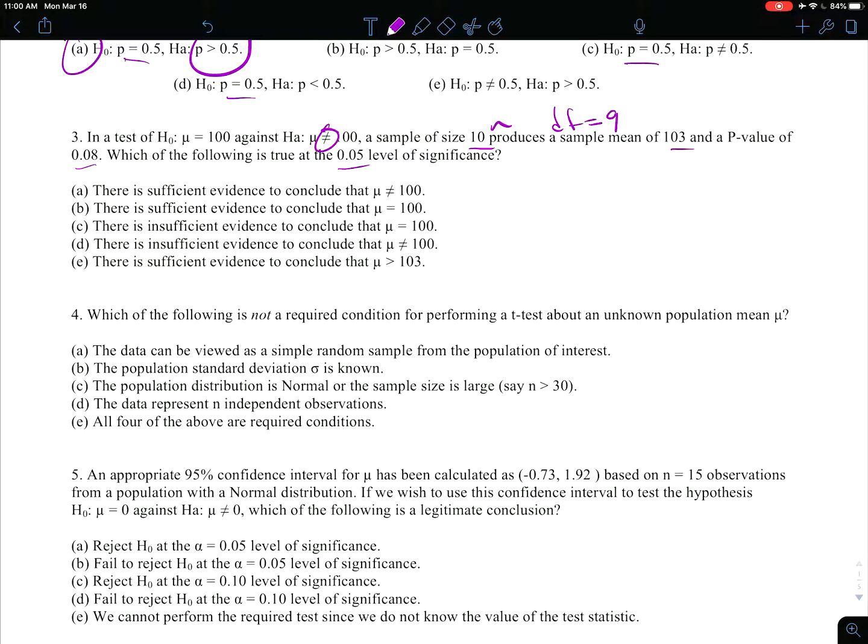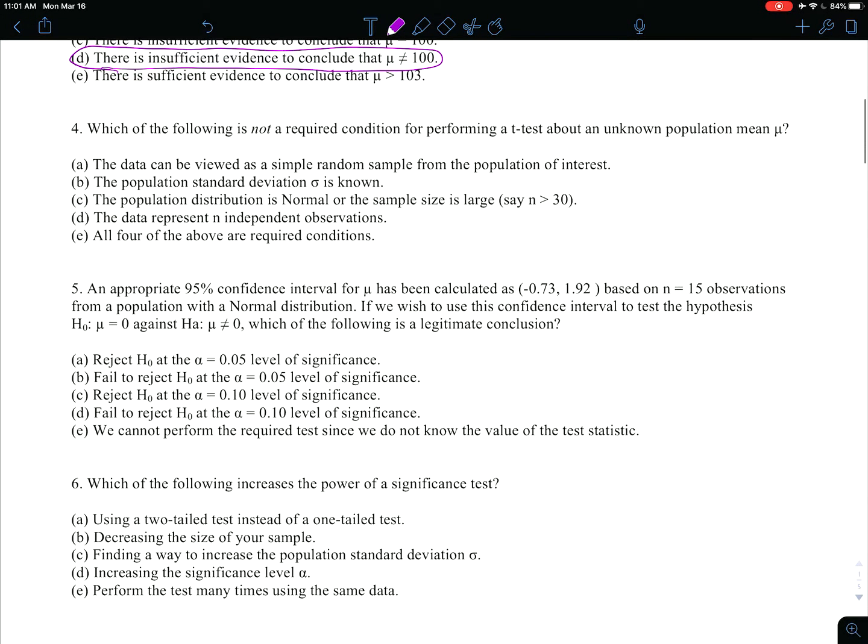Well, because the p-value is not low enough, we cannot reject the null and conclude the alternative. So we lack the evidence to conclude the alternative. There is insufficient evidence to conclude the alternative. D is the best answer there.